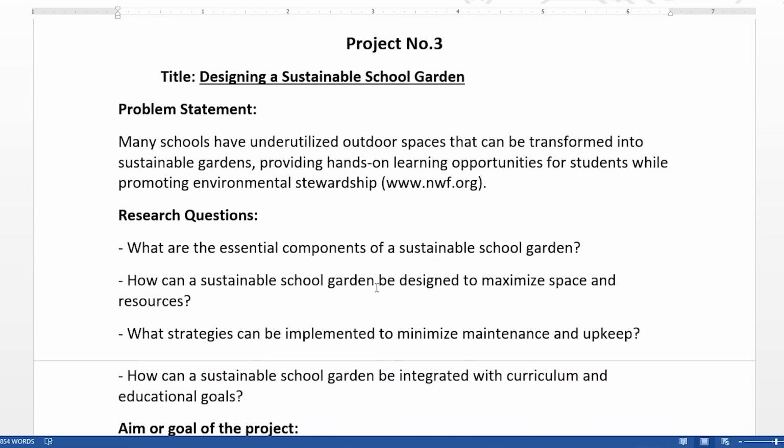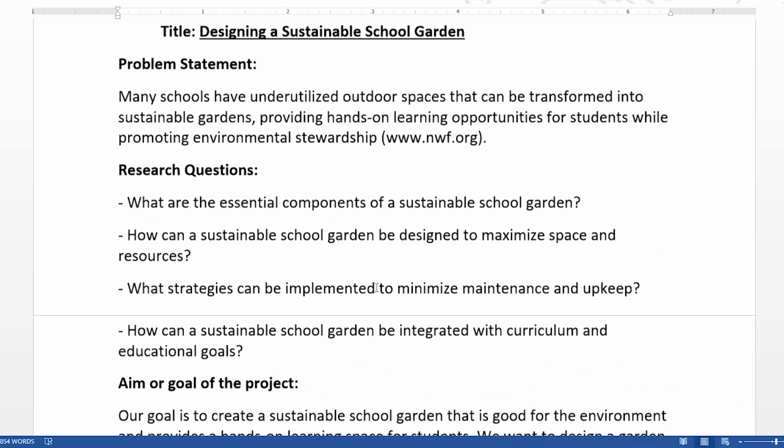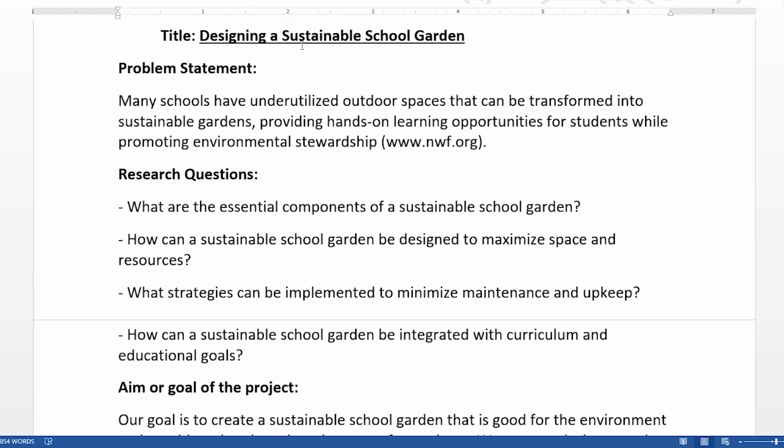This is the third sample project I'm giving you: designing a sustainable school garden. The problem statement here is that many schools have underutilized outdoor spaces that can be transformed into sustainable gardens, providing hands-on learning opportunities for students while promoting environmental stewardship.